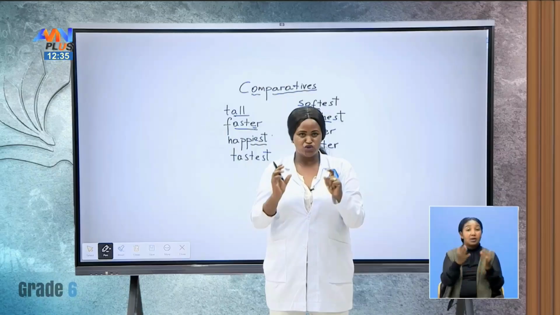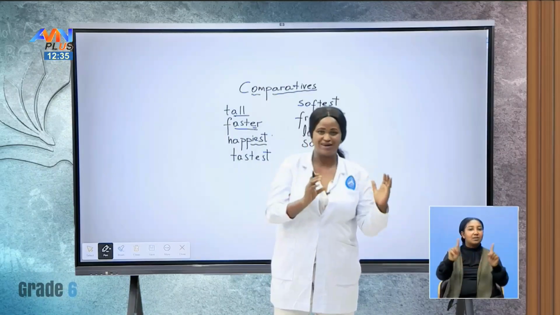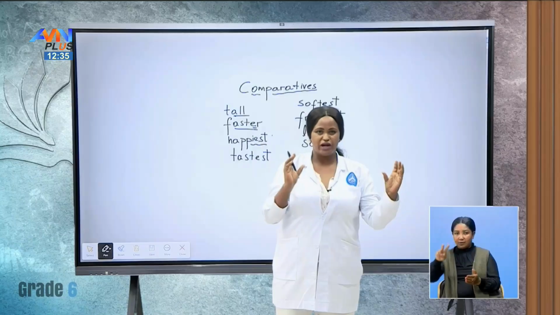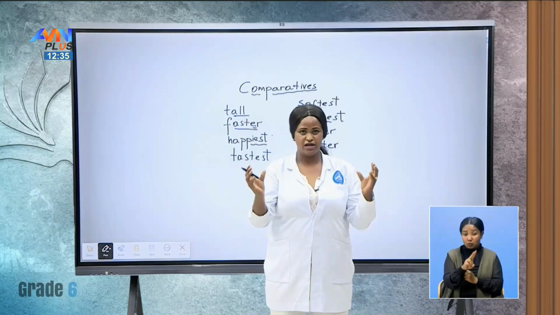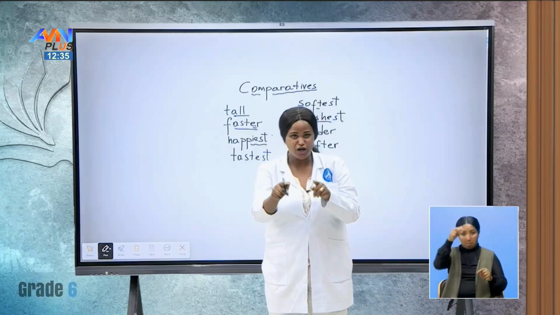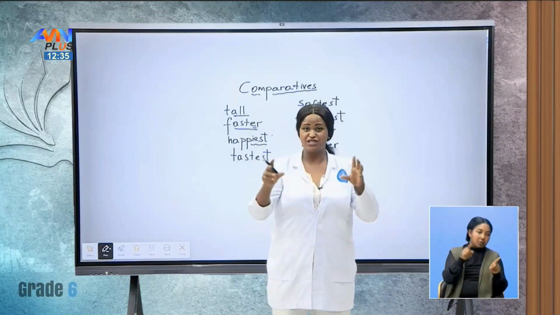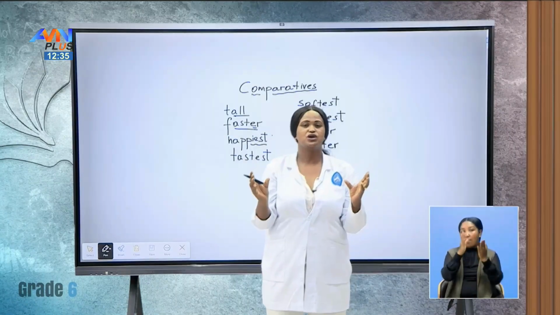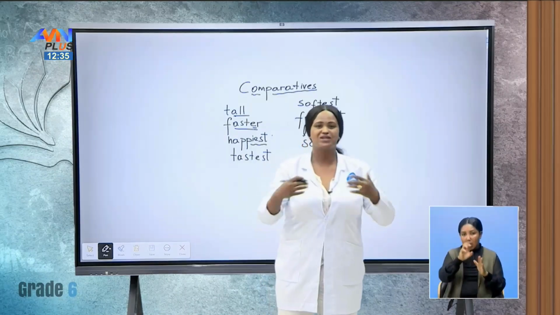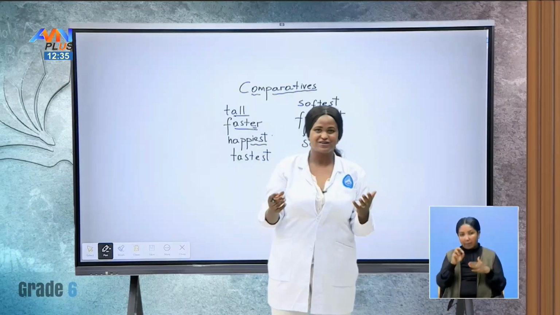Just now, I want you to understand the difference between comparative and superlative. When you are comparing two, me and my friend, or you and your brother, or you and your sister, that is comparative. So, we use comparative degrees. Faster, taller, shorter, happier. Yeah?